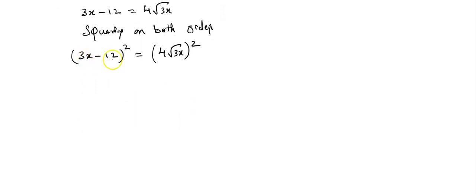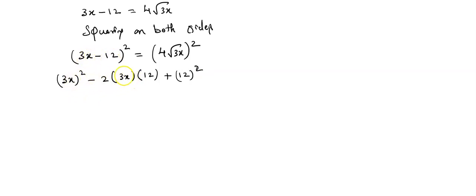Now it's in the form of a minus b whole square. What is a minus b whole square? A square minus 2 into a into b plus b square. A square minus 2ab plus b square. A means 3x, b means 12.